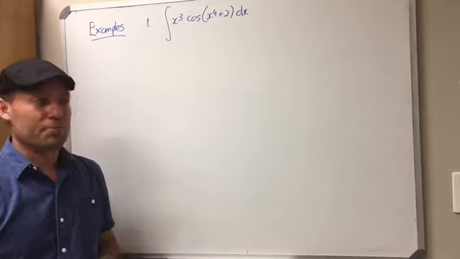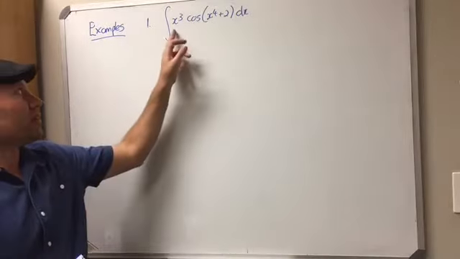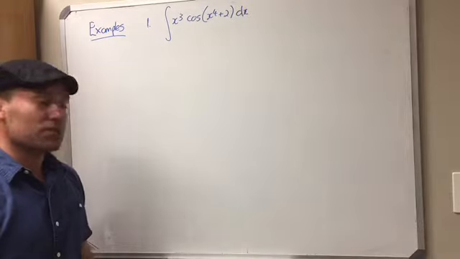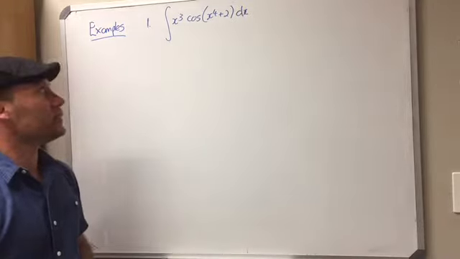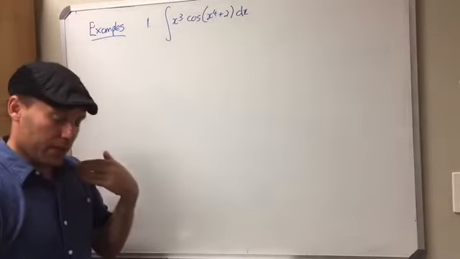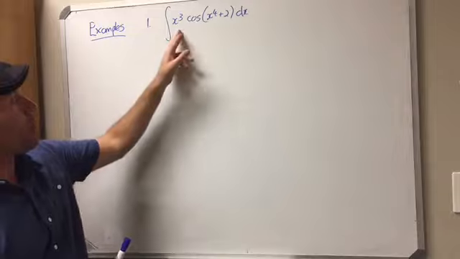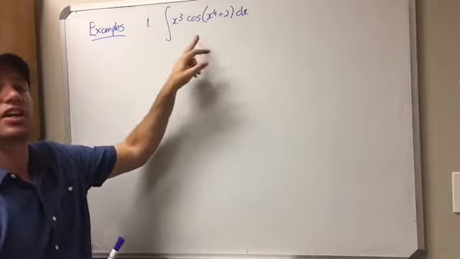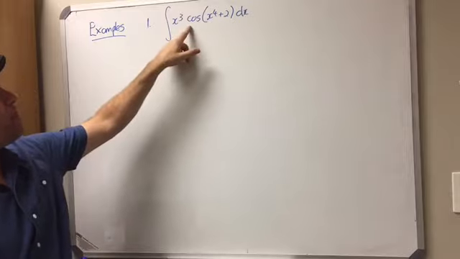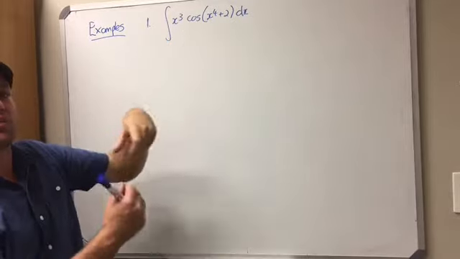Okay, our first example. Calculate the integral of x cubed times cos of (x^4 + 2) dx. Right, so we recognize that a component of this formula is actually a composite function, namely this component here, because this is really two functions composed together.